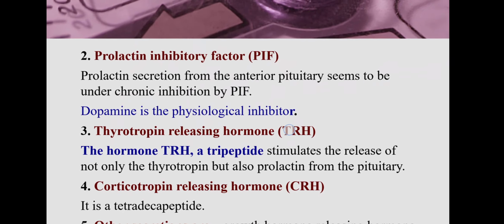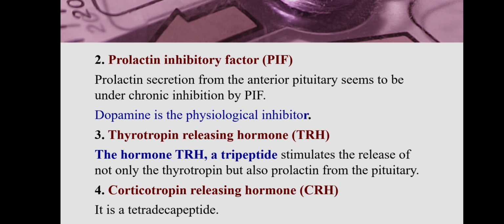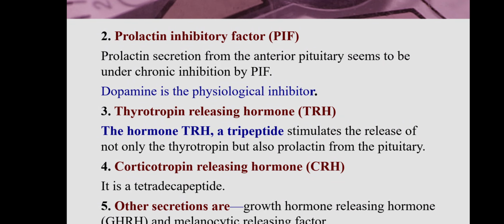The prolactin secretion from the anterior pituitary seems to be under the chronic inhibition of PIF. So in girls, unless and until the woman becomes lactating, this prolactin secretion is inhibited with the help of PIF, prolactin inhibiting factor. Okay, this is acting as a physiological inhibitor. It is also called dopamine. So it is inhibiting the release of prolactin.